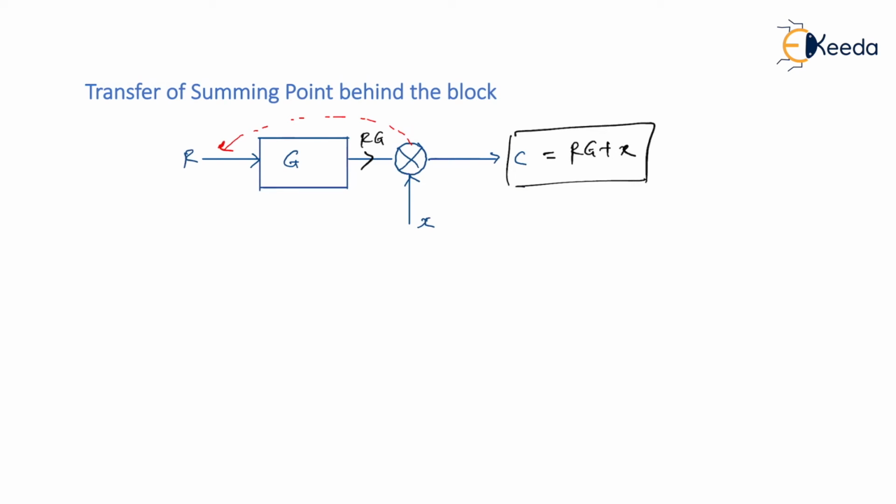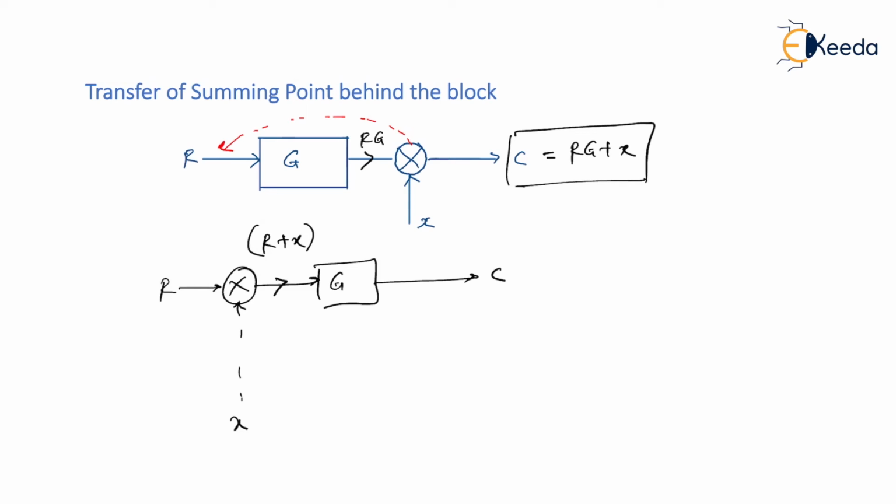Am I right? So if I shift the summing point blindly, it will somehow look like this. And the input of this was X. Look at the output of the summing point, it will naturally be R plus X, and the output of this block diagram, C, will be equal to what?